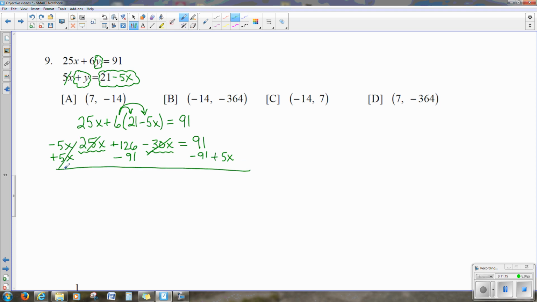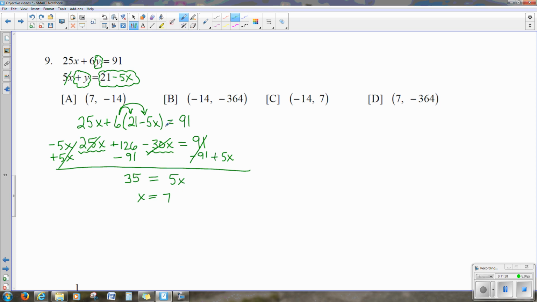This will make the mental math a whole lot easier. 126 minus 91 is 35. Who needs calculators? 91 minus 91 cancels out, and I have positive 5x. So that means that x equals 7 when I divide both sides by 5.